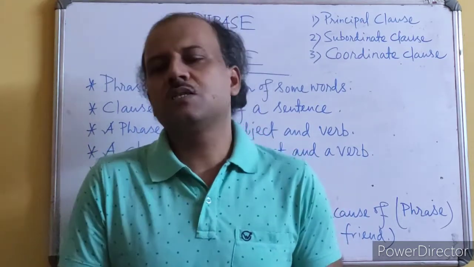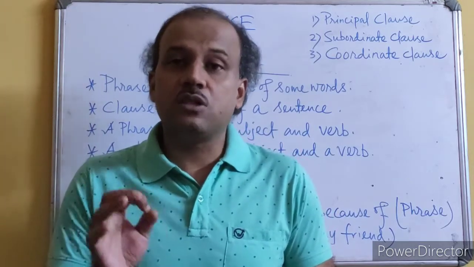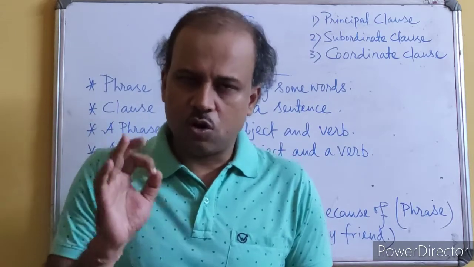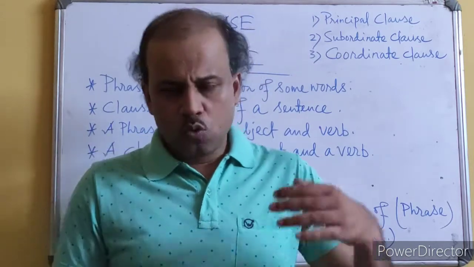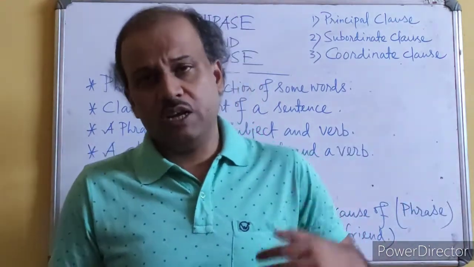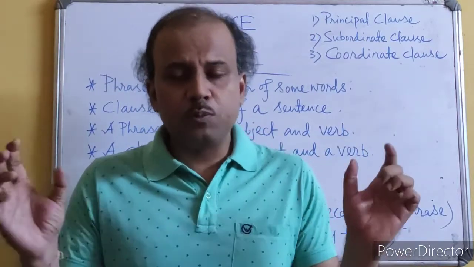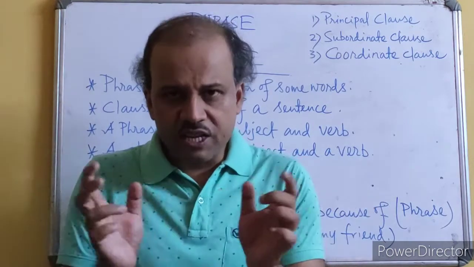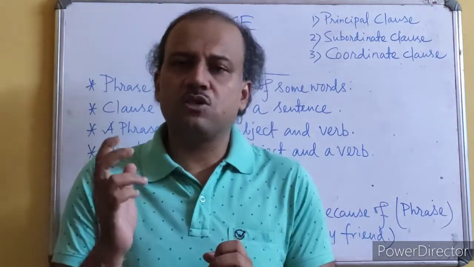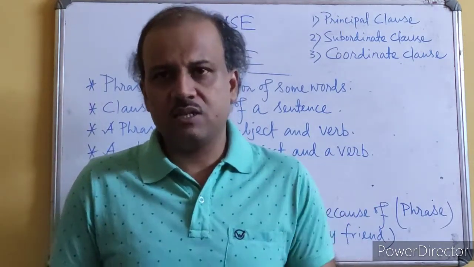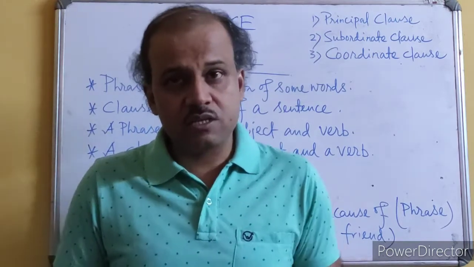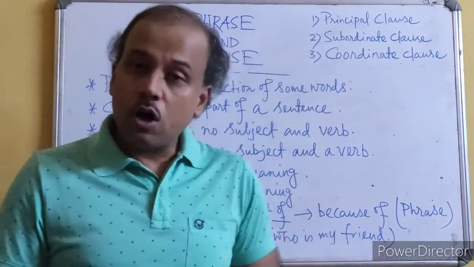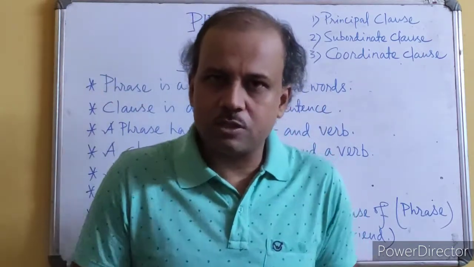These coordinators are called coordinating conjunctions or linkers. When two principal clauses are linked with some coordinating conjunctions, linkers or coordinators, this is called a coordinate clause or coordinating clause.